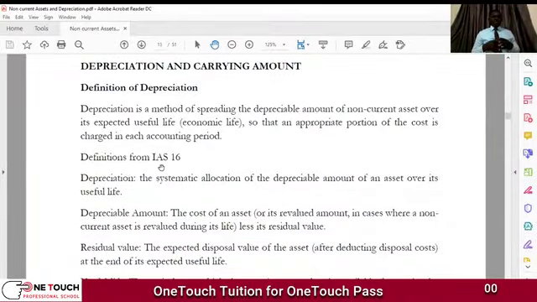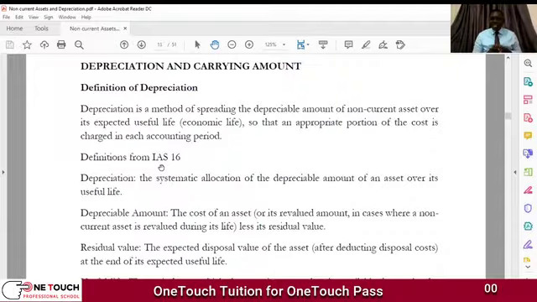Now, the definition of depreciation. I think we looked at it in the definition of other key terminologies. Good, but let's look at it briefly. Depreciation is the method of spreading the depreciable amount of a non-current asset over its expected useful life, that is economic life, so that an appropriate portion of the cost is charged in each accounting period.